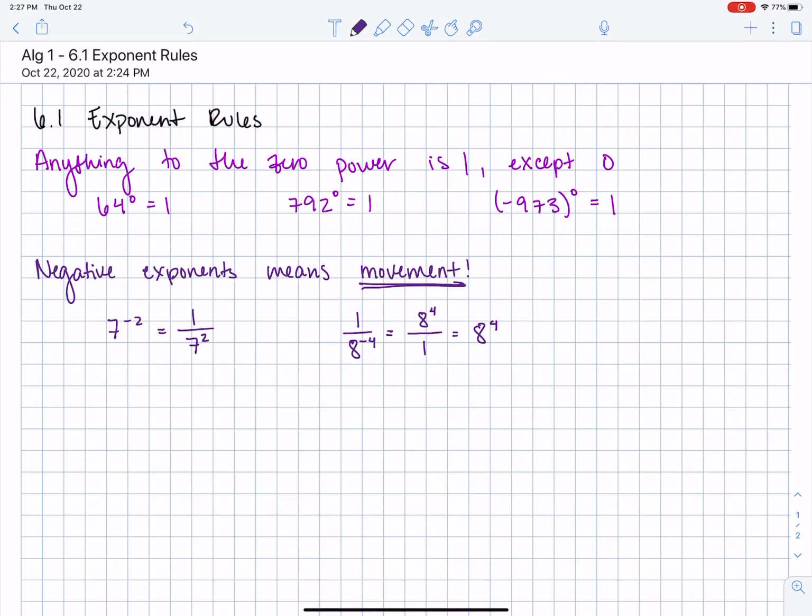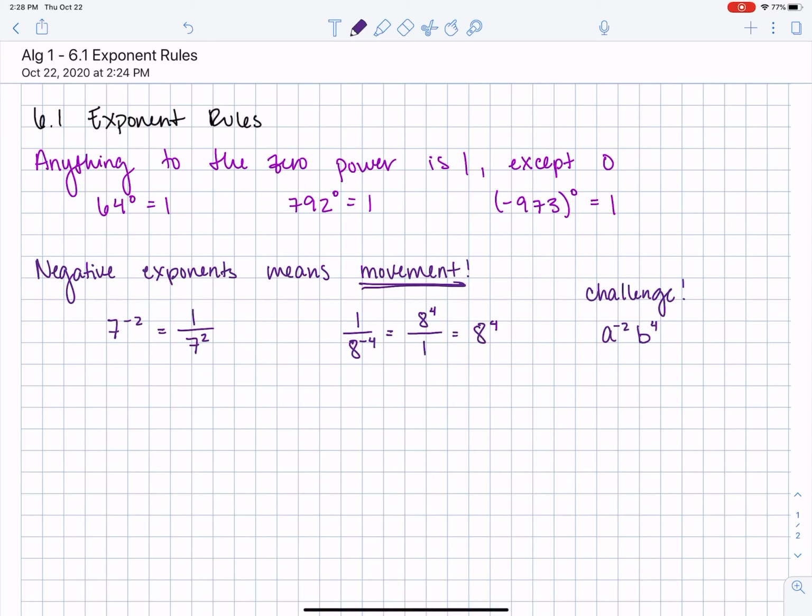Now, here's a bit of a challenge for you. I want to show you that sometimes things move, however, if you have positive exponents, they're going to stay. So we can have something like a to the power of negative 2 times b to the power of 4.